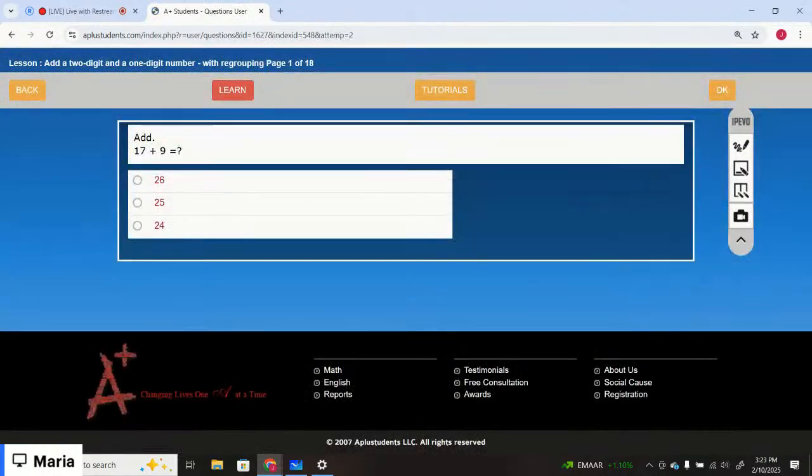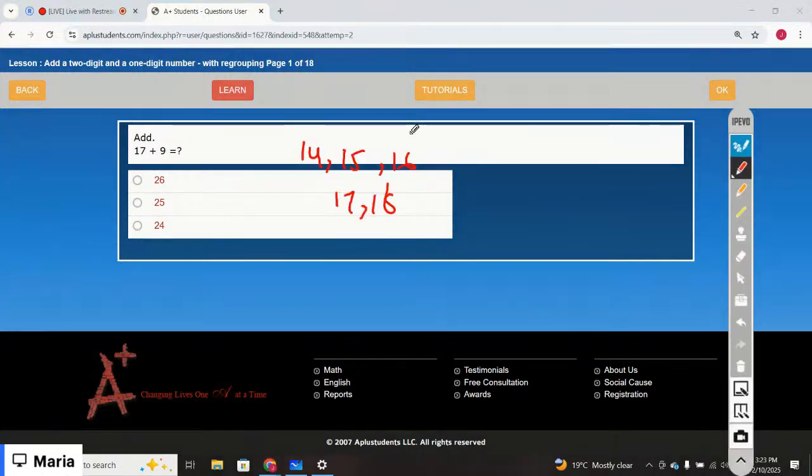17 plus 9. So start with 17 and count up 9. 18, 19, 20, 21, 22, 23, 24, 25, and 26.